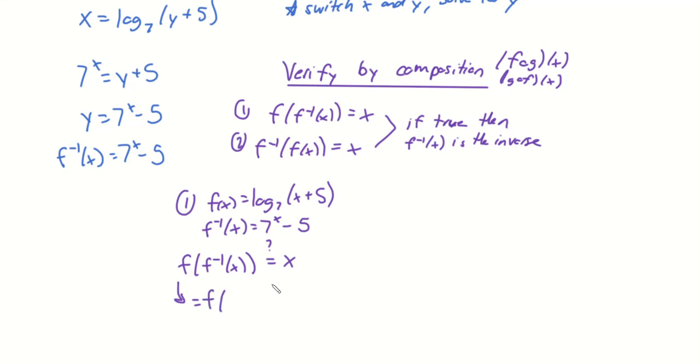We have f of my inverse function. Now, wherever I see an x in f of x, I'm going to put this in. So I do log base 7. What would I put inside? 7 to the x minus 5, yep. And I've got my plus 5 over there.